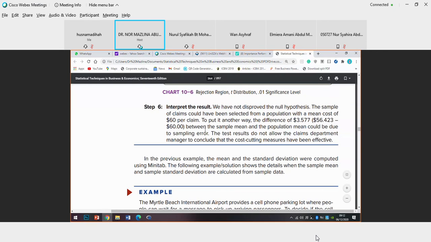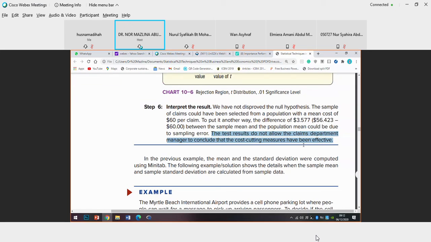Okay. The test result do not allow claims department manager to conclude that cost cutting measures have been effective. Boleh faham tu Ashraf dan kawan-kawan? InsyaAllah boleh.